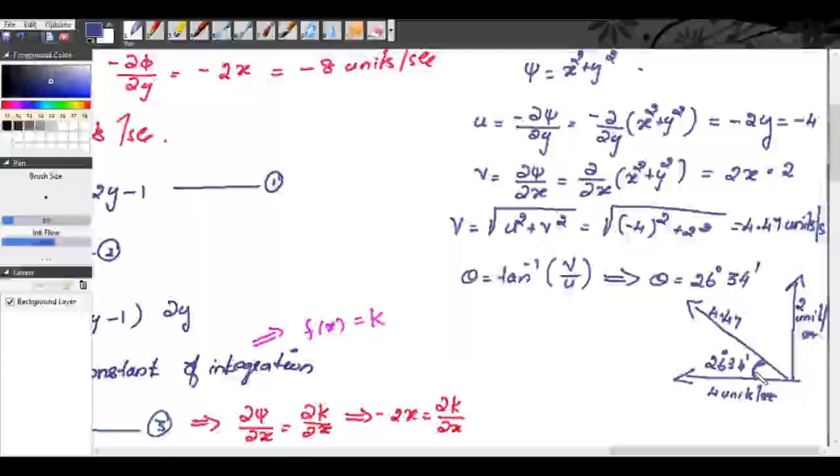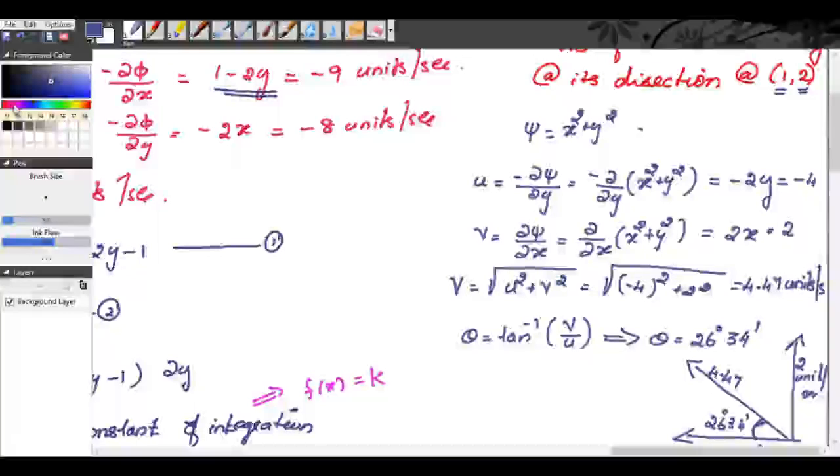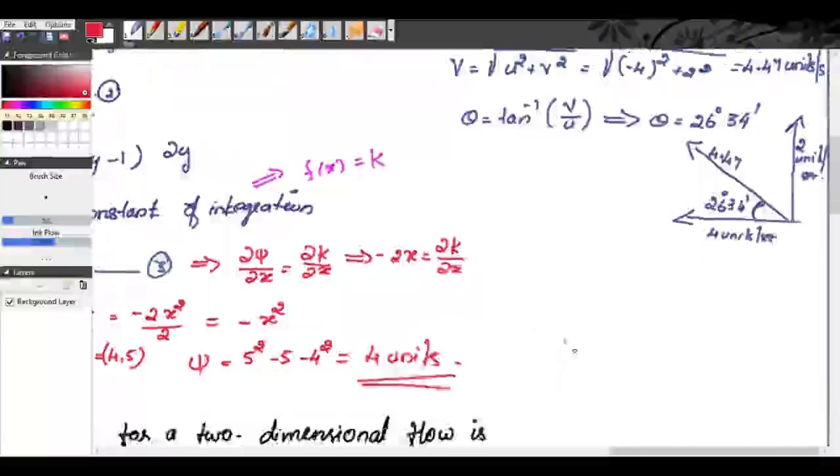Now we have to sketch the streamlines. We know psi is given as x square plus y square.